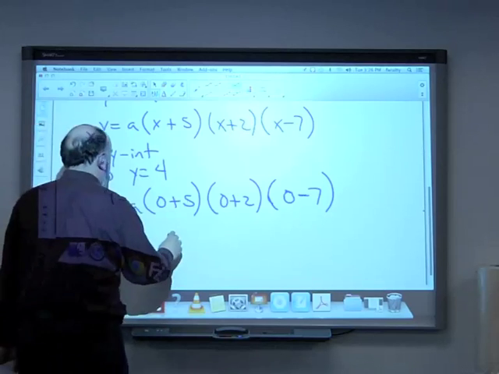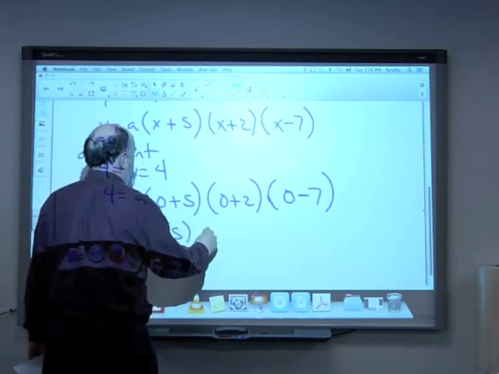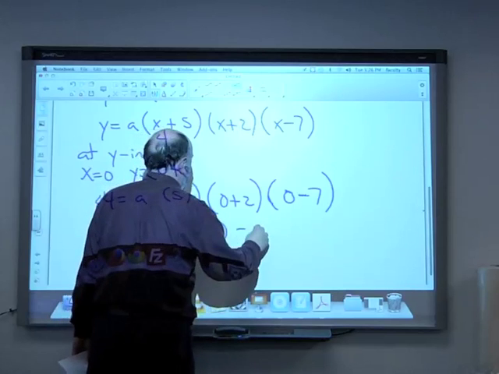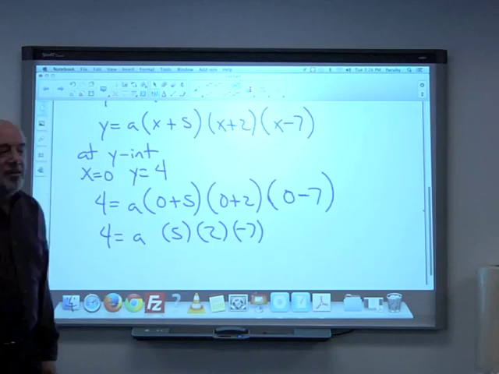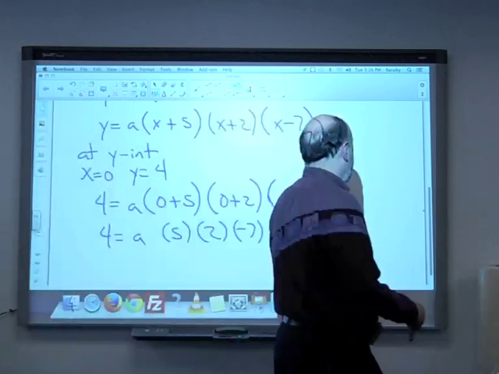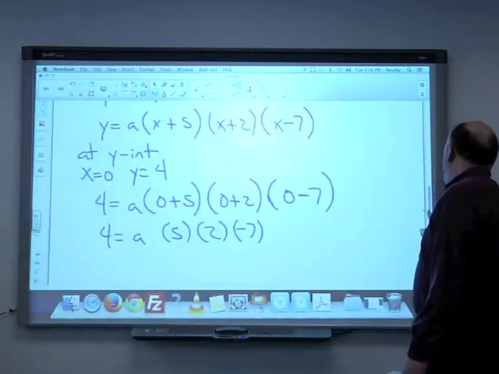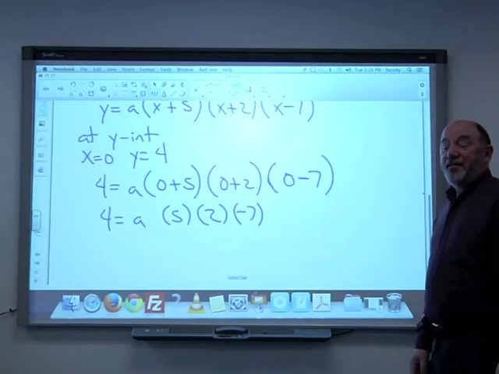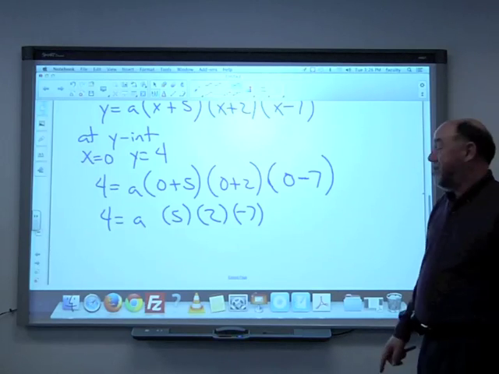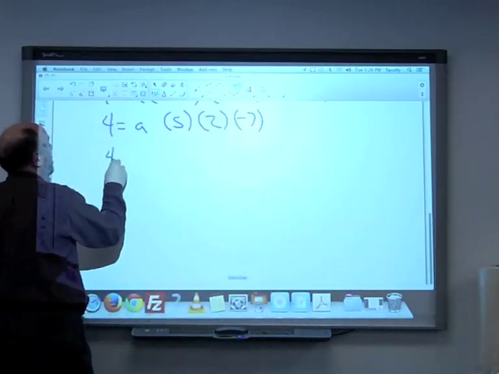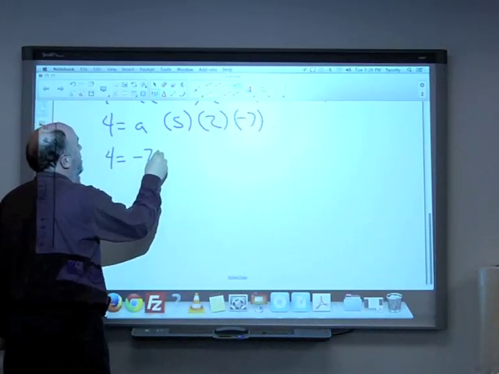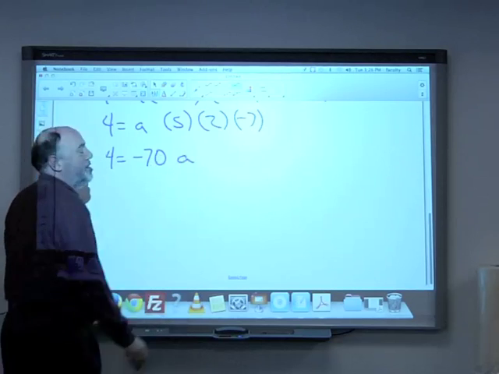So this is just going to be 5 times 2 times minus 7, which is negative 70. So 4 is going to equal negative 70A.